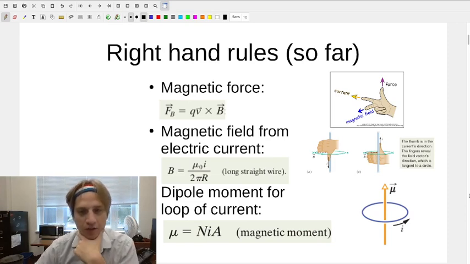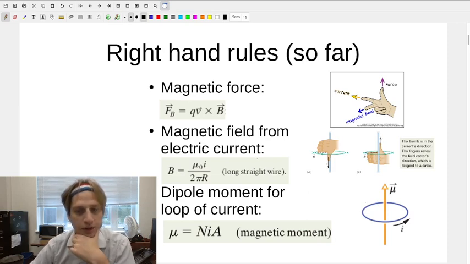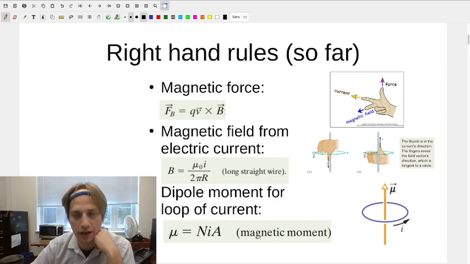Then finally on Friday we talked about how if you take a loop of wire and you curl it around into a circle, that gives you a pretty reasonable approximation of what's going on in an individual magnet.